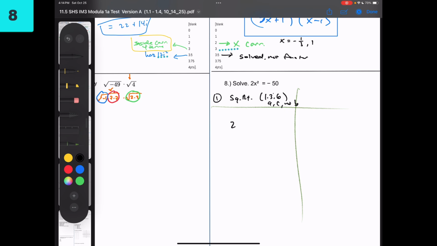So we have 2x squared equals -50. We're trying to isolate x squared. So we'll divide by 2. And you're going to have x squared equals -25.